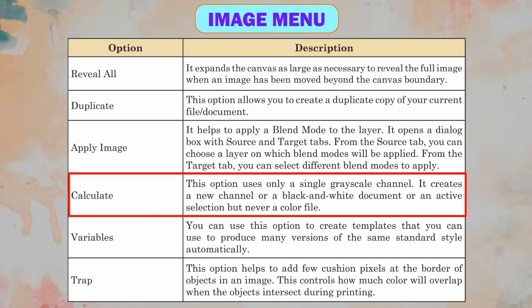Option Calculate. Description. This option uses only a single grayscale channel. It creates a new channel or a black and white document or an active selection but never a color file. Option Variables. Description.